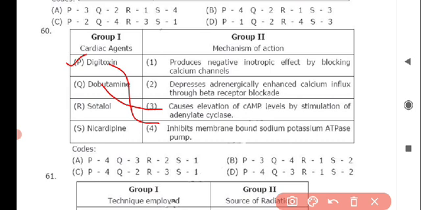For sotalol the correct option is option 2, that is it depresses adrenergically enhanced calcium influx through beta receptor blockage. And the last option is nicardipine, and it matches with option 1, that is it produces negative inotropic effect by blocking calcium channels. So the correct answer is option A.